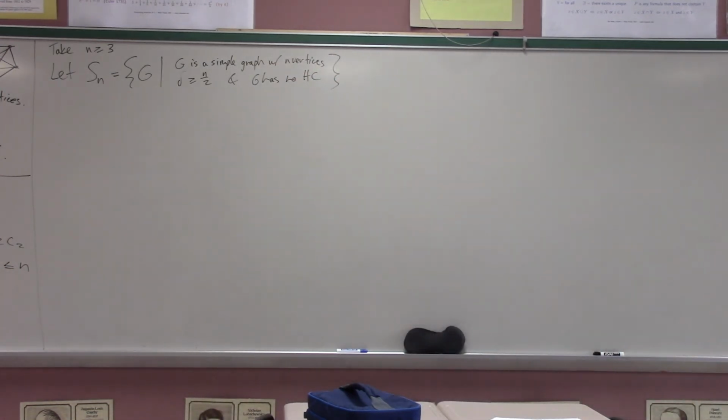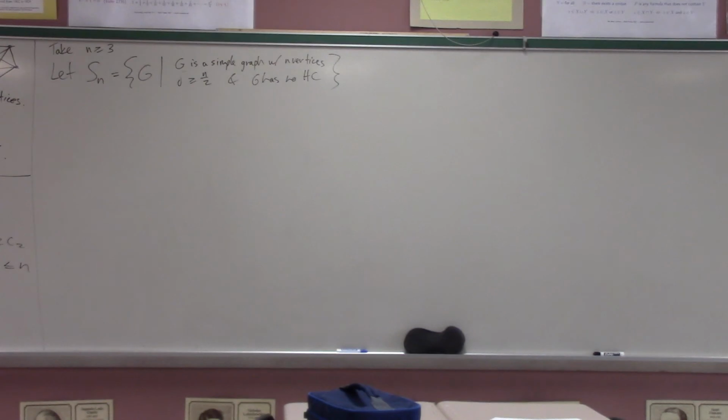So I'll say all that one time. Consider for a particular n the set of all graphs which meet the minimum condition. So everyone is friends with at least half the people, or the person with the least number of friends is still friends with at least half the people. And there's no Hamiltonian cycle.